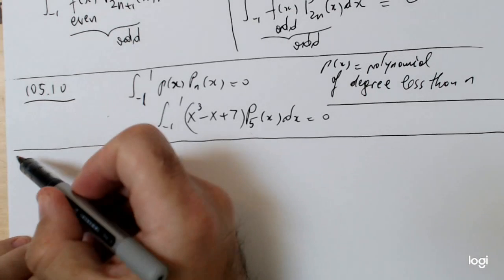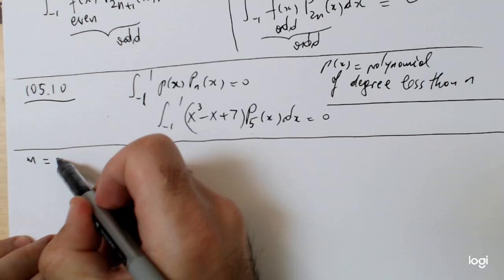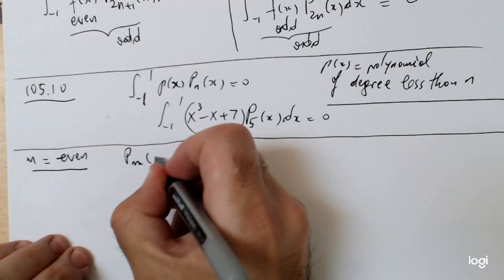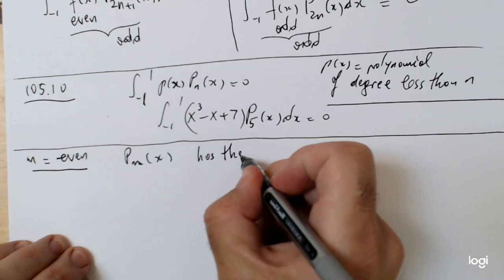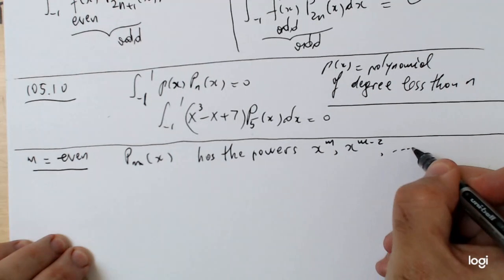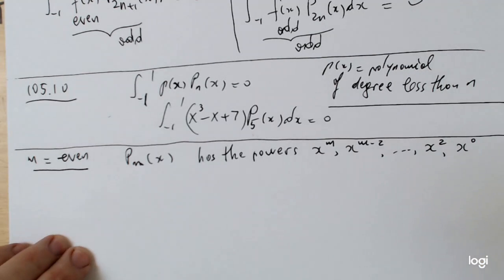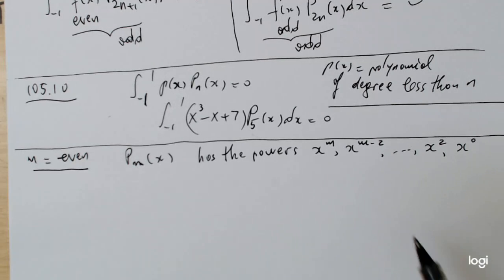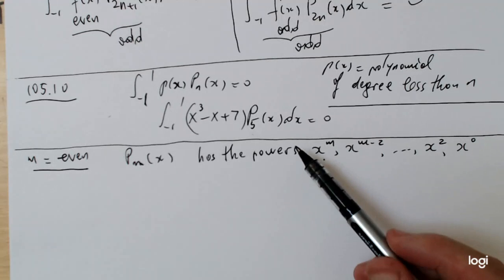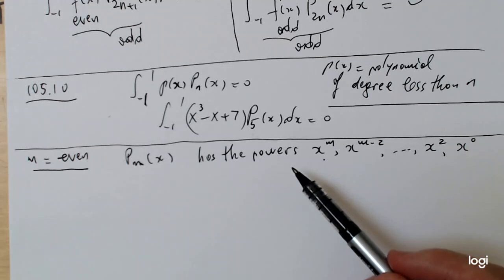So let's say there are essentially two cases. Let's say you have an even degree. Then the Legendre polynomial of this degree only has the powers x to the m minus 2, all the way up to x squared, x to the 0, which is of course 1. And you can use this to show that you can write x to the m, basically x to any power, in this case an even power, in terms of Legendre polynomials of that degree and less.